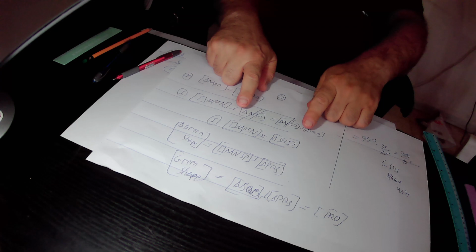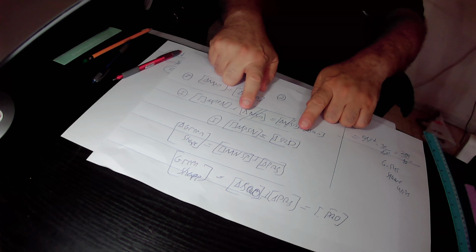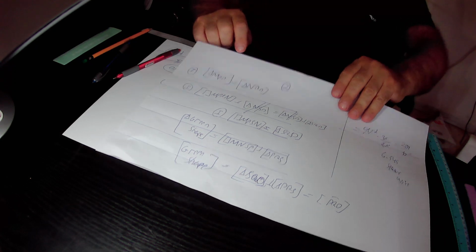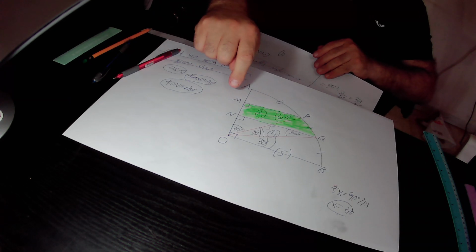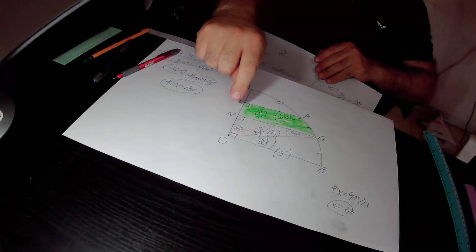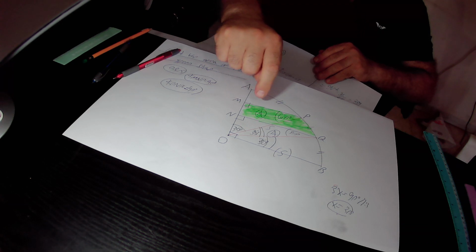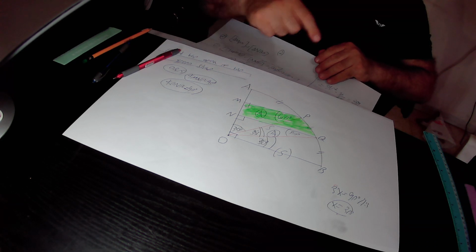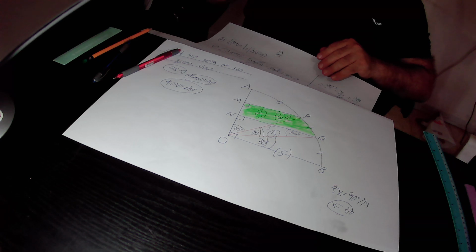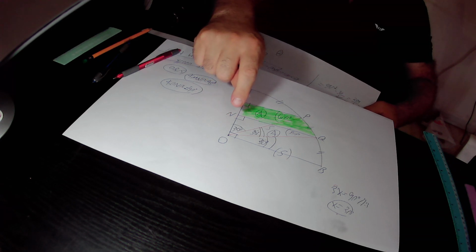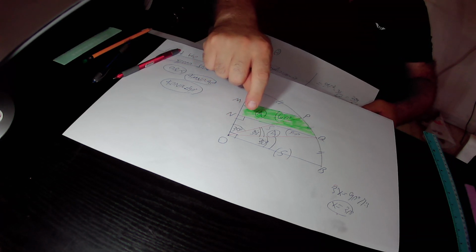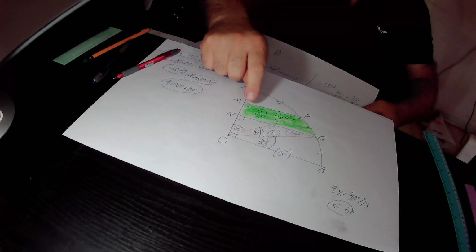Again, the area of quadrilateral MPSN is equal to the area of triangle SQO. So this is the area of quadrilateral MNPS, and it is equal to the area of this right triangle SQO.